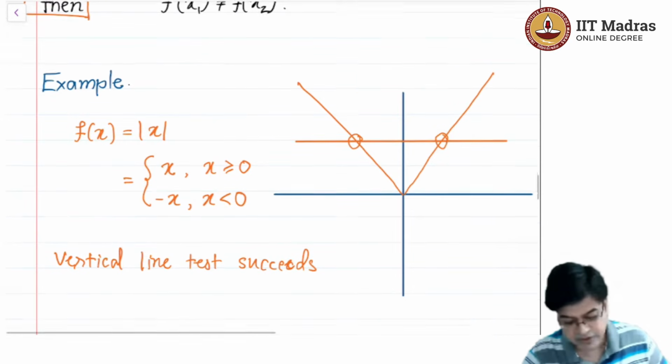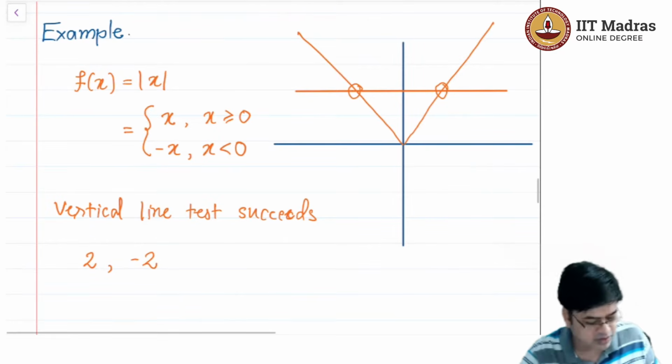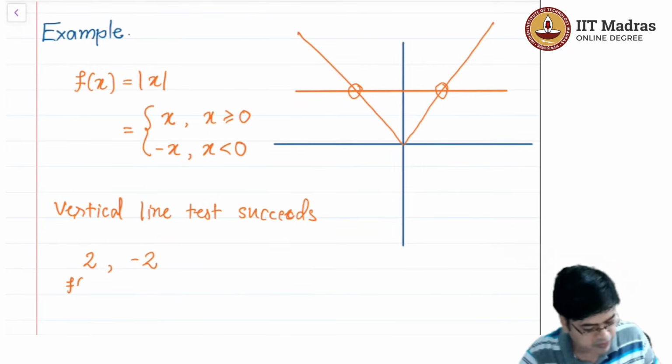So how will I prove it is not one-to-one? Let us take two values, say 2 and minus 2. f(2) is equal to 2, which is also equal to f(minus 2).